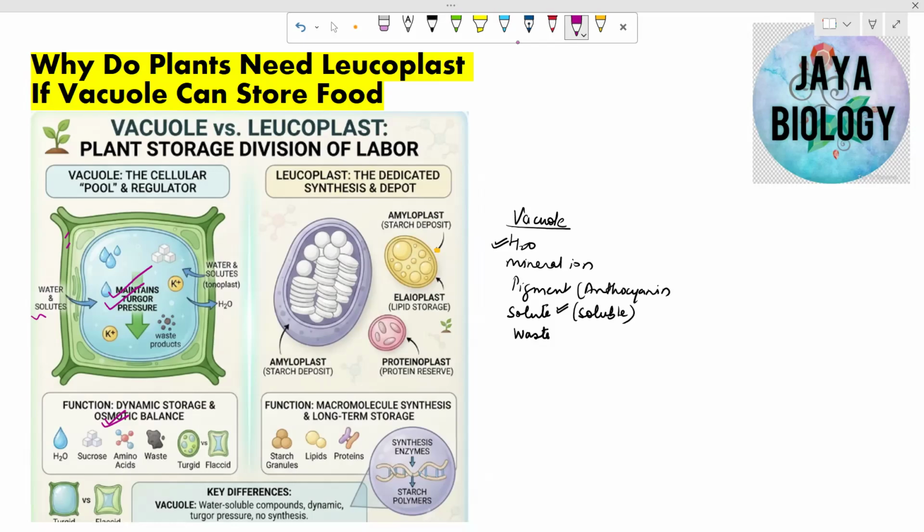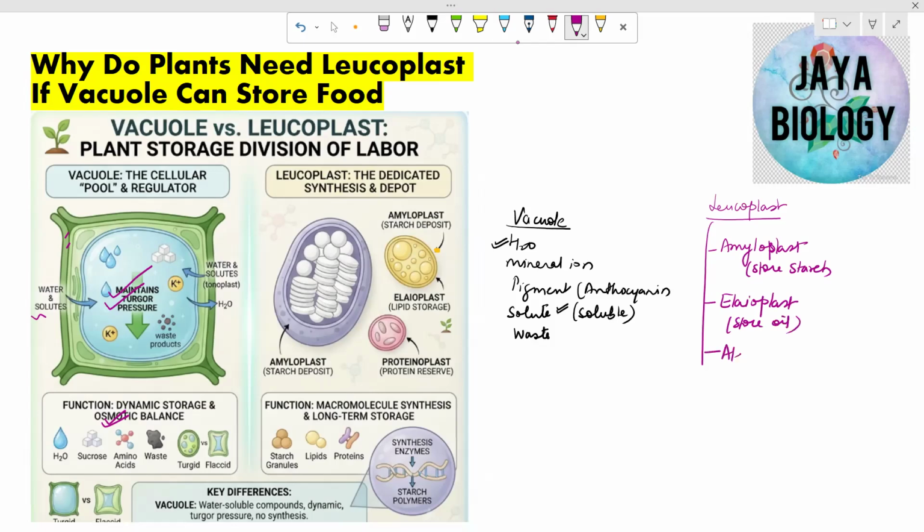Now come to the leucoplast. We know leucoplasts are colorless plastids. They are responsible for storage of food. There are three types of leucoplast. One is amyloplast, which stores starch. Elaioplast, which stores oil.